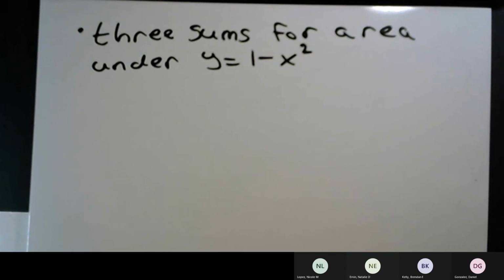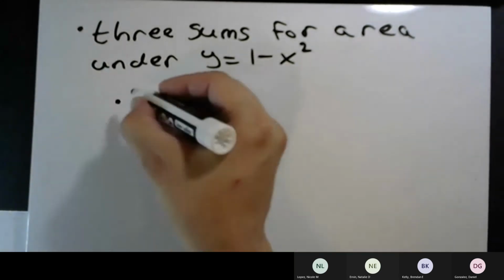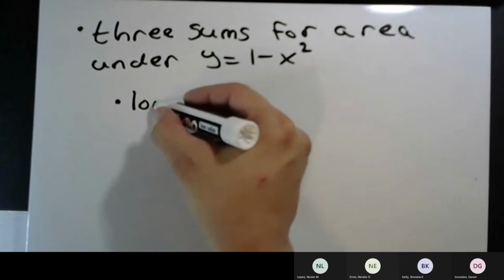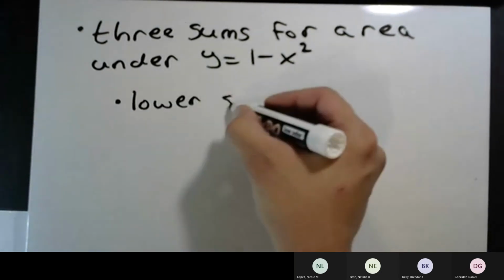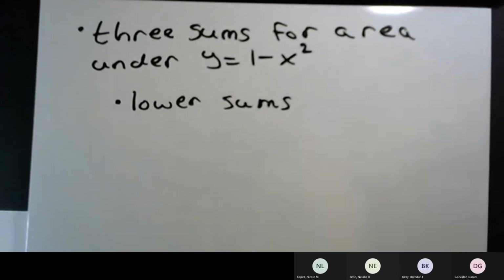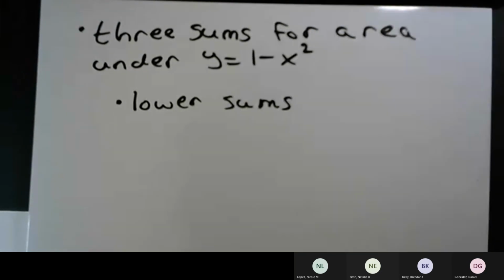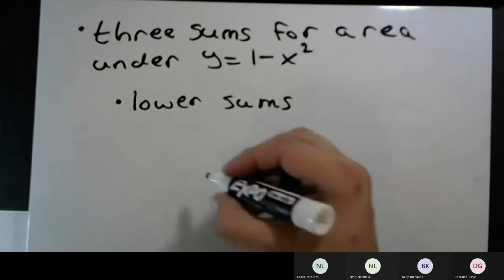So first off, we're going to talk about what are called lower sums. Now you might be wondering, what the heck does this have to do with indefinite integrals? It has something to do with them, and it has to do with that dx that we saw.